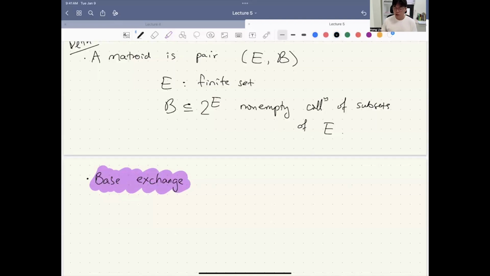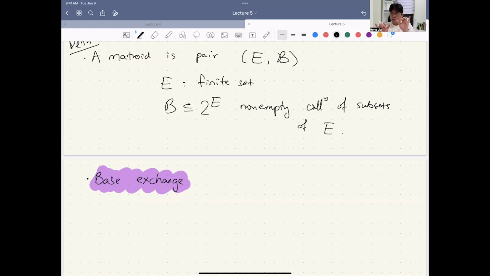What's this base exchange axiom? It's just exactly like vector spaces. If you have two bases that generate the whole vector space, what's the exchange axiom? If these two bases are different, then you can take a basis vector in one base that's not in the other.